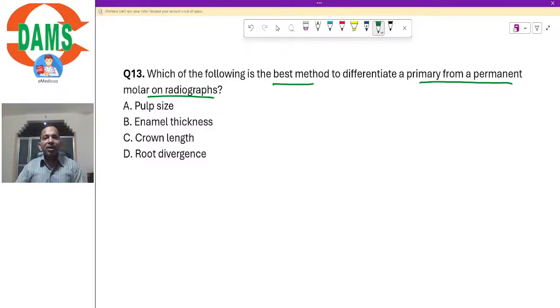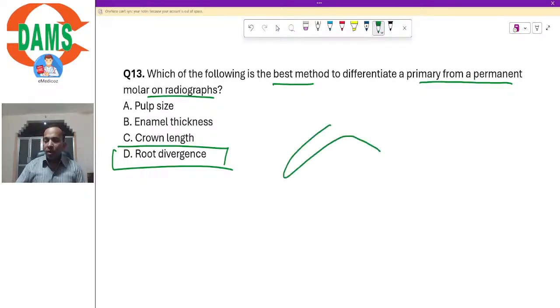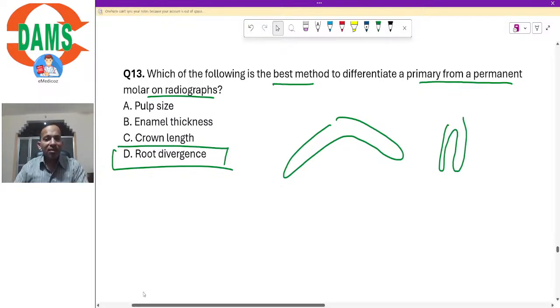On the first sight, you would notice which of these four traits, and the correct answer would be root divergence. The crown length would be different, the enamel thickness would be different, the pulp size would be different, but it is the root divergence which is most prominent, isn't it? The diverging roots are quite easily visible as compared to the not so divergent roots, isn't it?